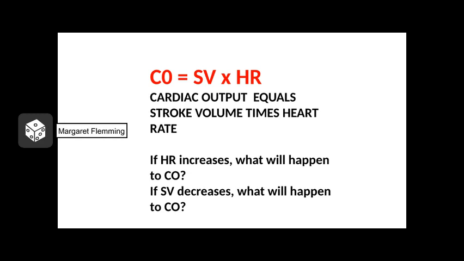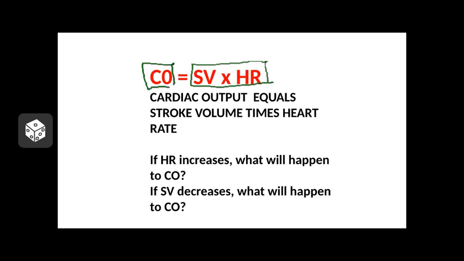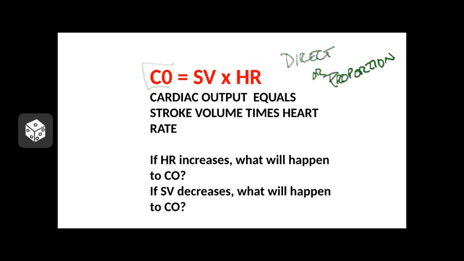Do you have an answer for me yet? Well, let's take a look then. If heart rate increases, what's going to happen to cardiac output? The relationship between what is on the right side of the formula and what is on the left is a direct or proportionate relationship.